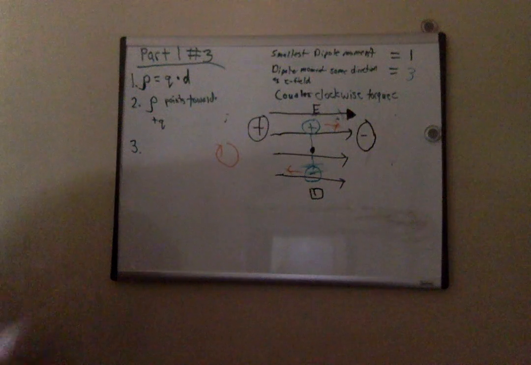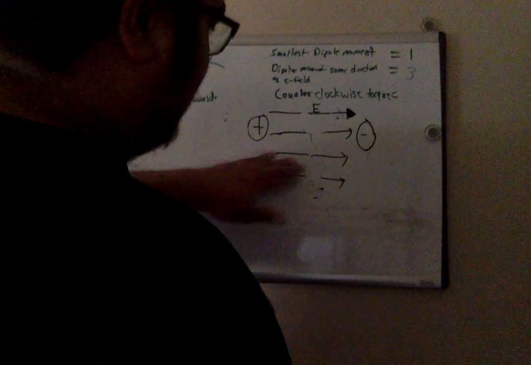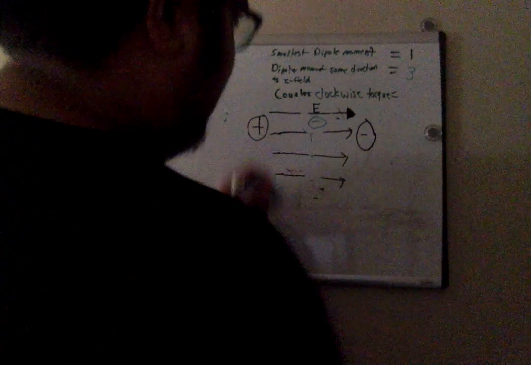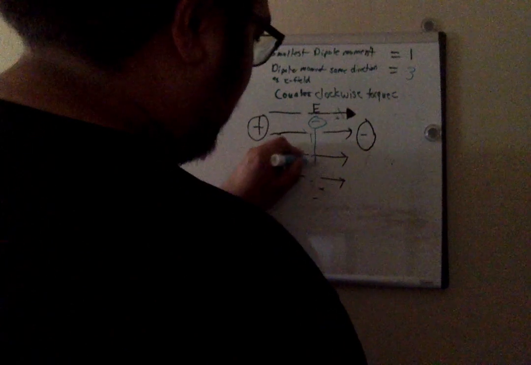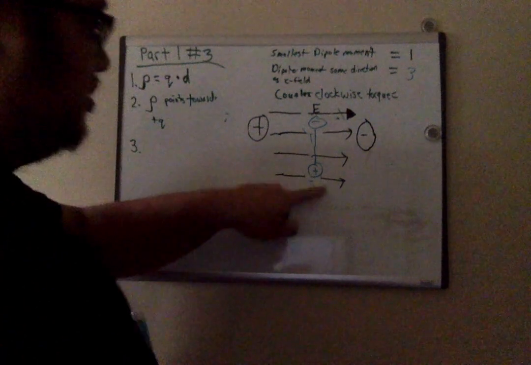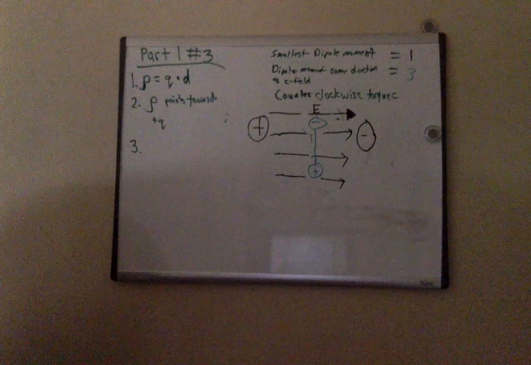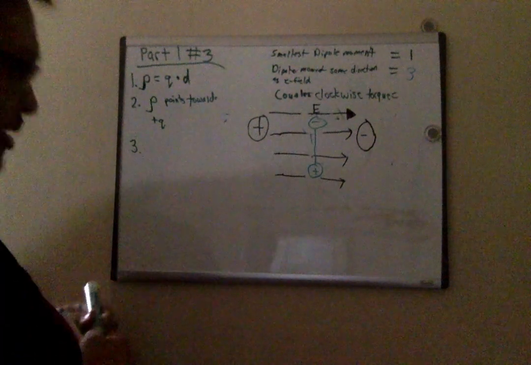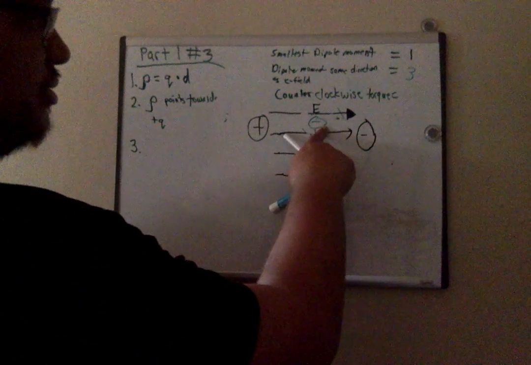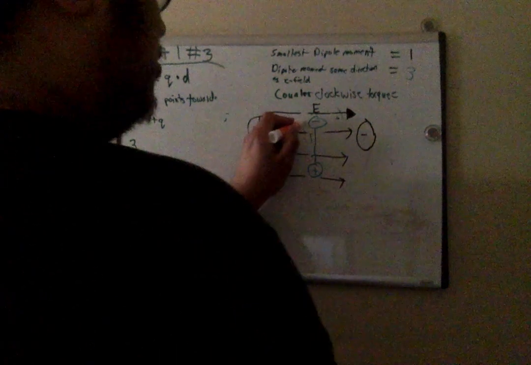Well, let's look at number 4. What does number 4 look like? Number 4 is the opposite. It's a negative charge there and a positive charge down here. Now if we look at the forces acting on the dipole due to the electric field, the force acting on the negative charge will be towards the left.